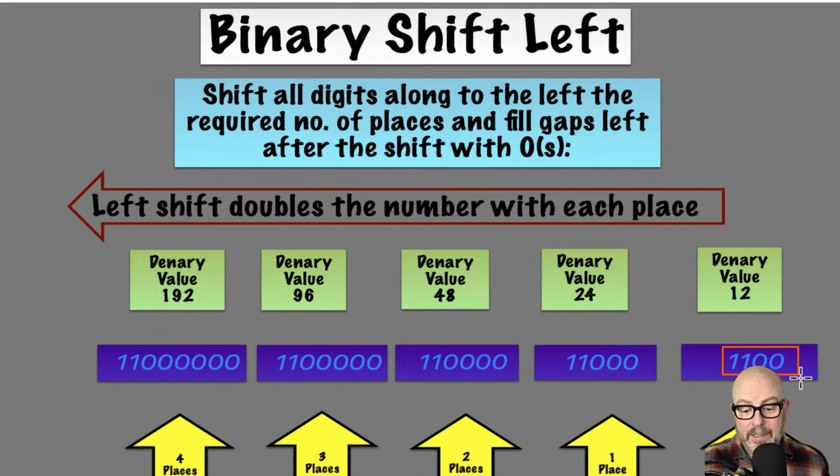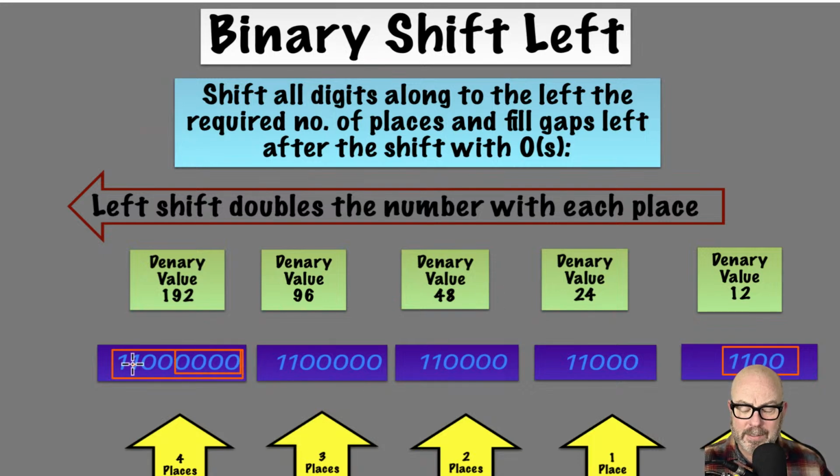1100. If they asked you to perform a binary shift 4 places to the left, you would end up with this value here. And the keen-eyed among you will say, well, hang on, that's exactly the same number, except they've stuck 4 zeros at the end of it.